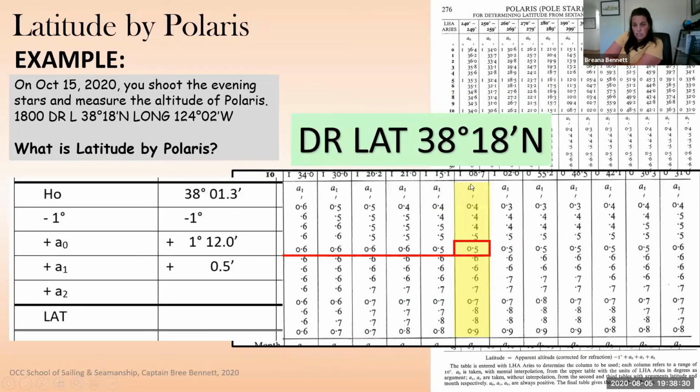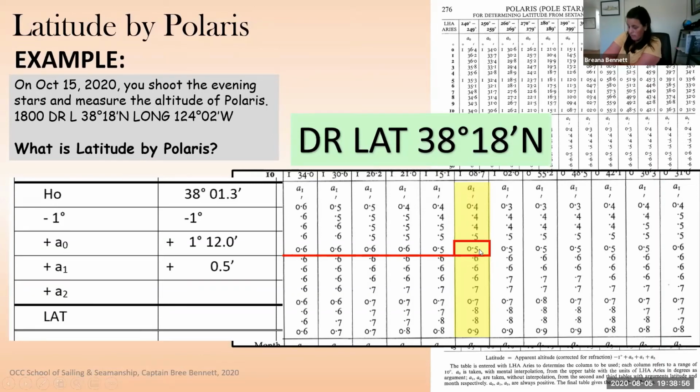And then moving down, we're in that same column, and we're going to go in with our latitude. Our latitude was 38, 18. So we're going to go in at 40. We're closest to 40 at 38.18. Again, if you were at 30, it was 0.5.